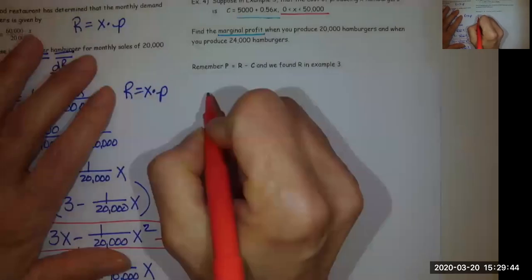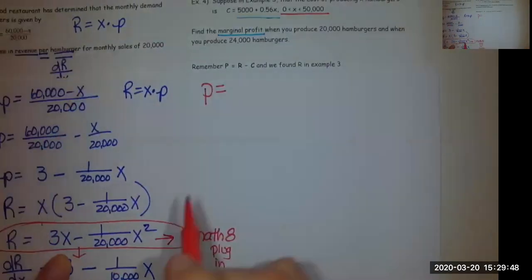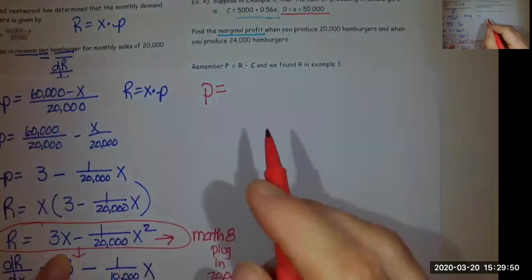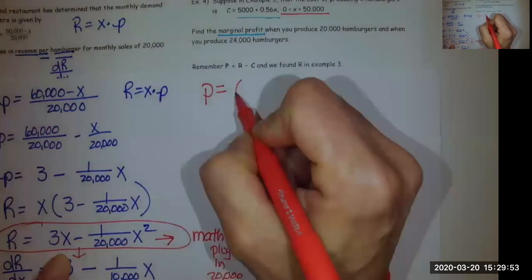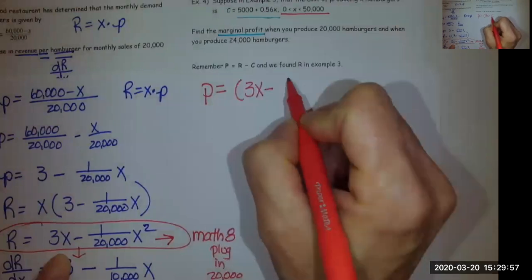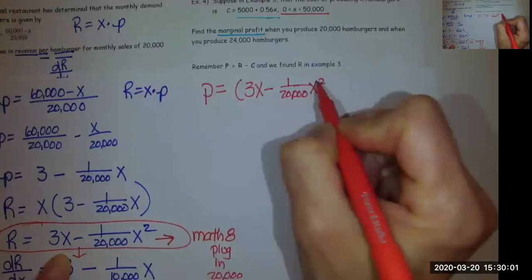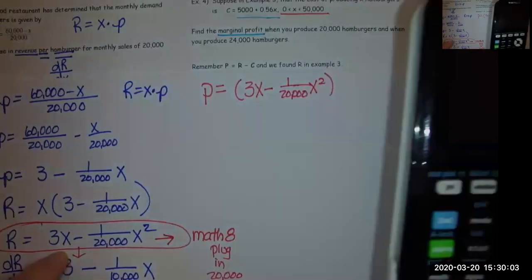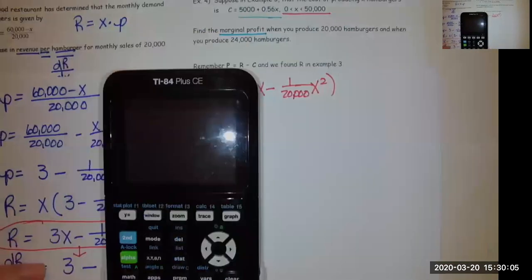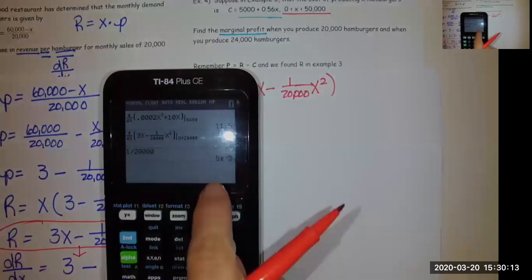So we can say profit equals revenue, which you figured out in the previous problem right over here: 3x minus 1 over 20,000. Again, you don't have to write 1 over 20,000. You can convert that to a decimal. You can just go to your calculator and say 1 divided by 20,000, and it's going to give you 5.